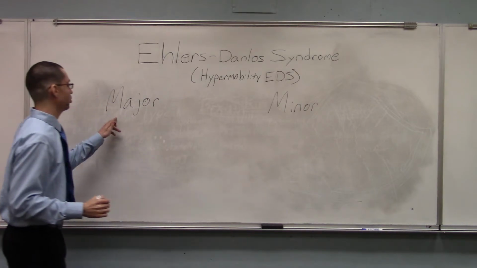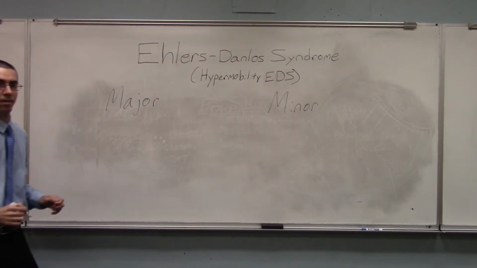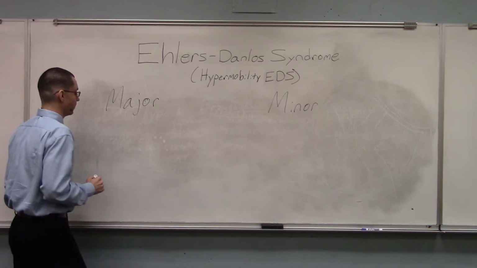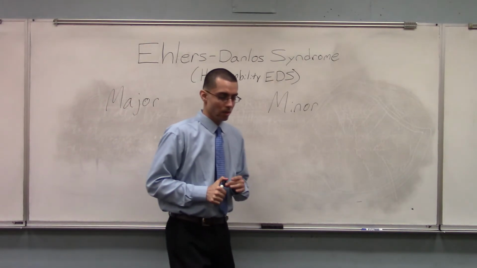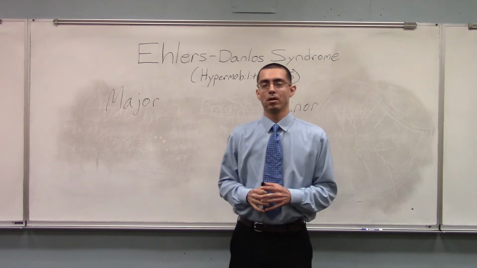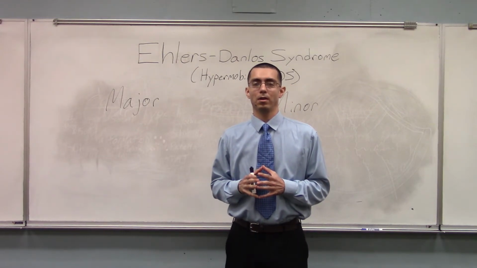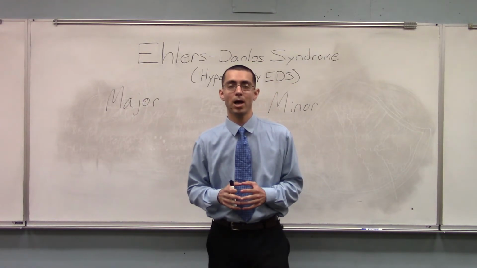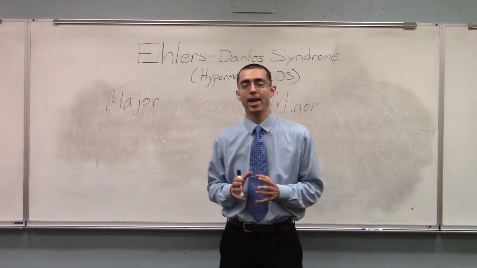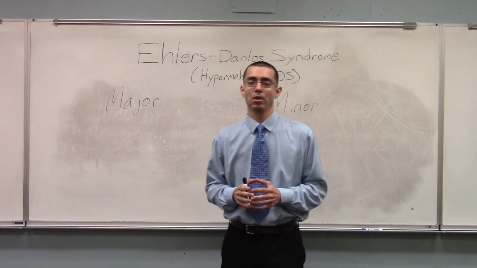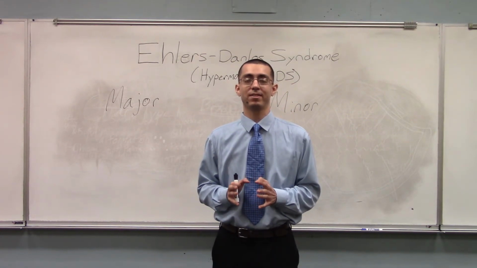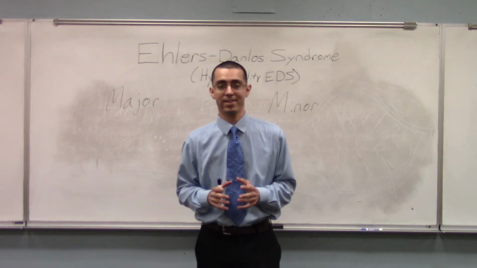The major criteria for hypermobility EDS are hyperextensibility of the skin, joint hypermobility, and absence of the widened papyraceous scars and weak skin that you see in classic EDS.